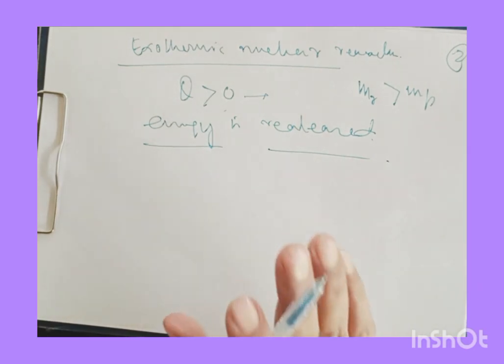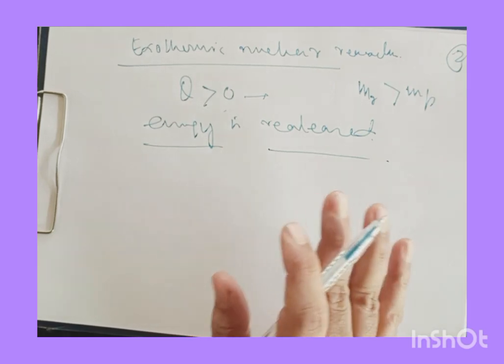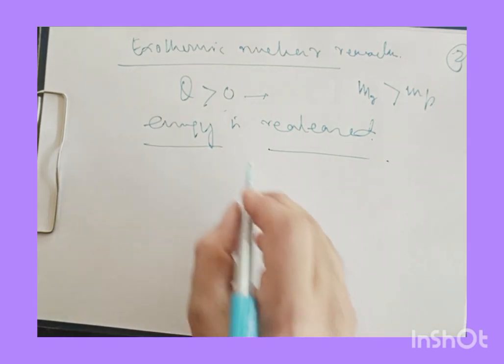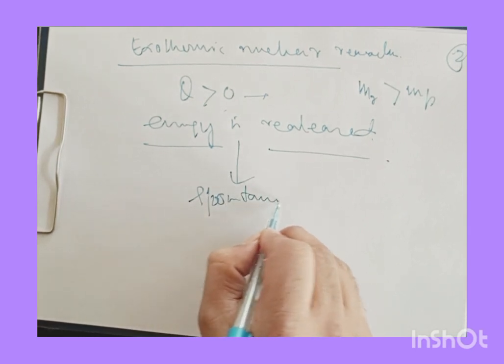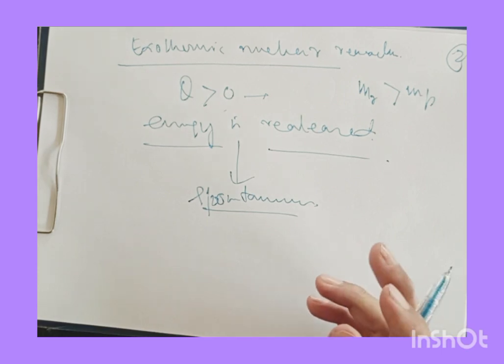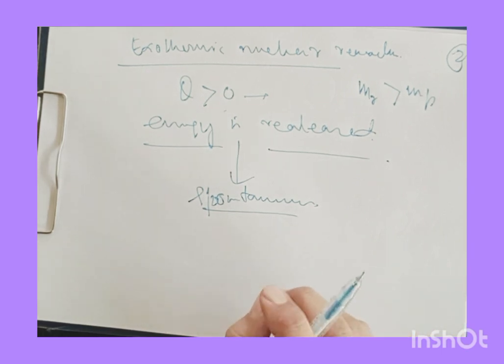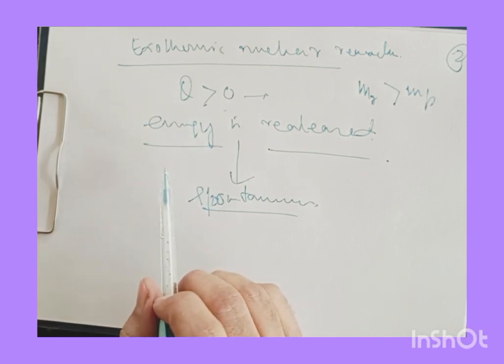So one thing might be noted here is that exothermic nuclear reaction takes place spontaneously. You are not hitting the target with some external agent. This reaction takes place spontaneously, and you have Q greater than 0.